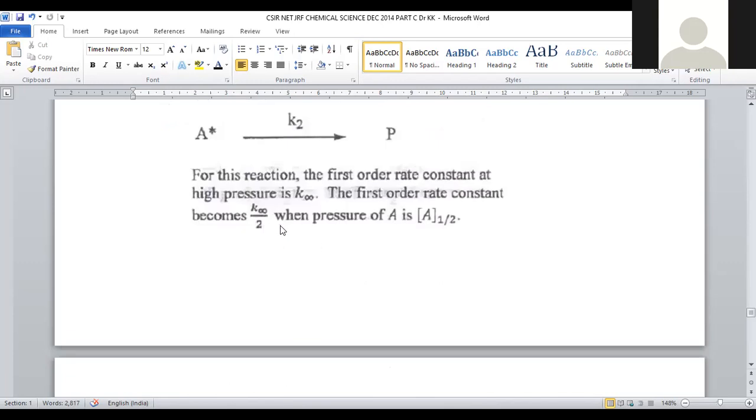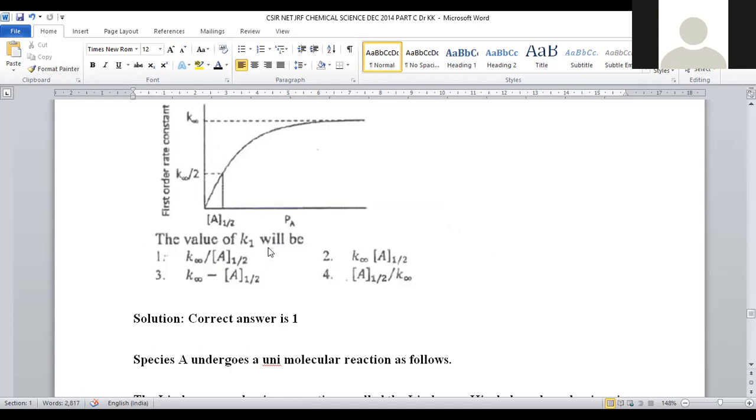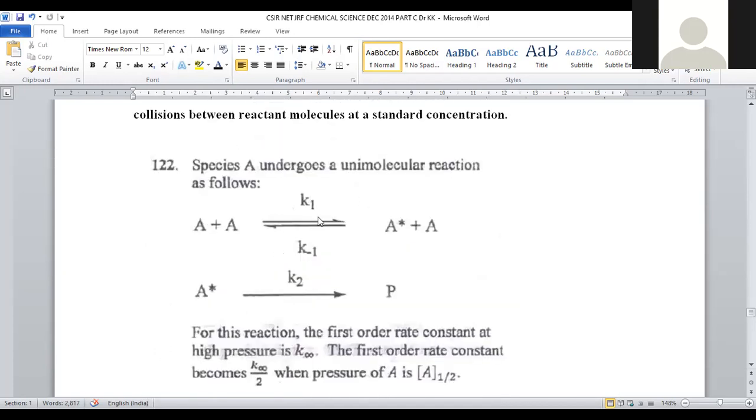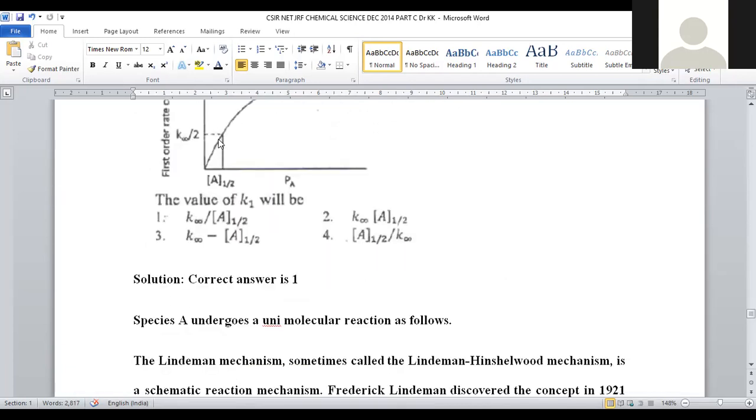So what they are asking is, the first order rate constant becomes k infinity by 2 when pressure A becomes A by 2; if this is the condition, then what is the value of k1? k1 is nothing but the forward step 1 reaction, when the starting materials are converted into one transitory compound. So that k1 at this particular instance on this hyperbola is taken by the ratio of k infinity by A by 2.